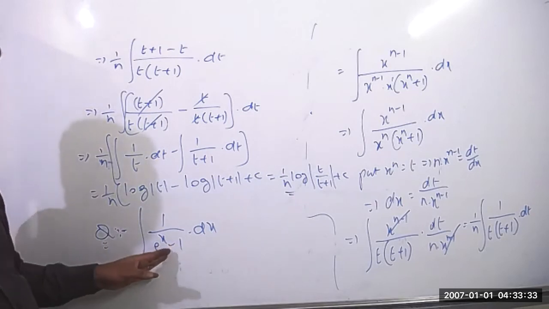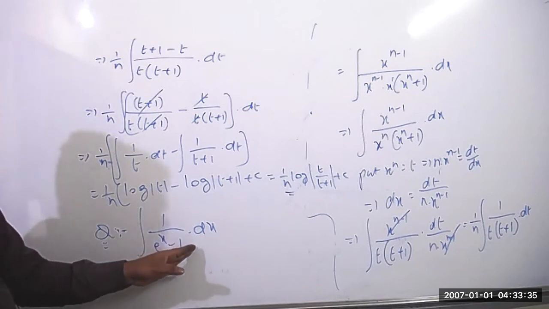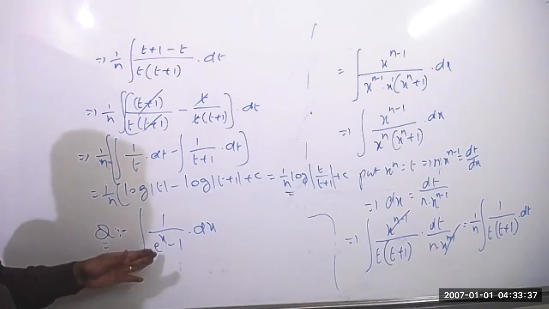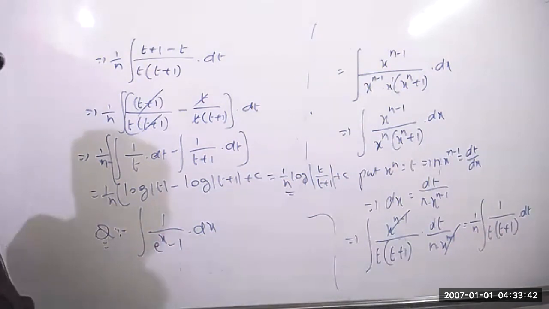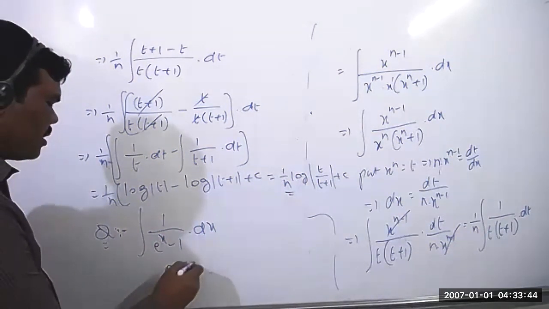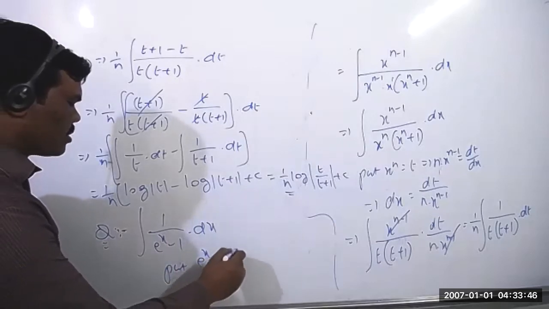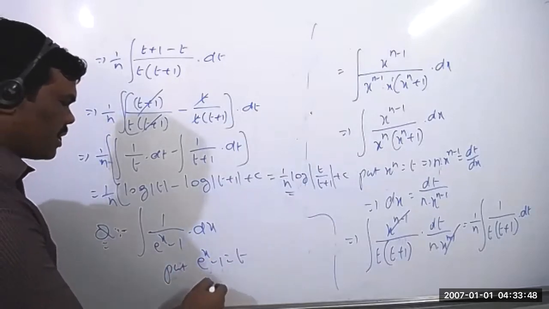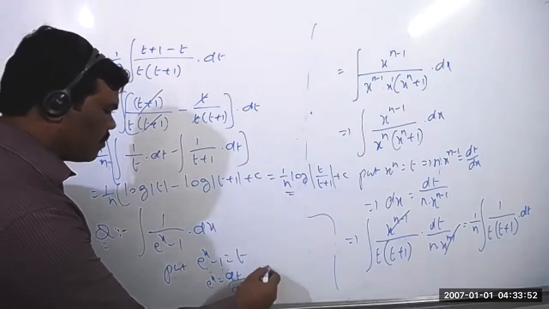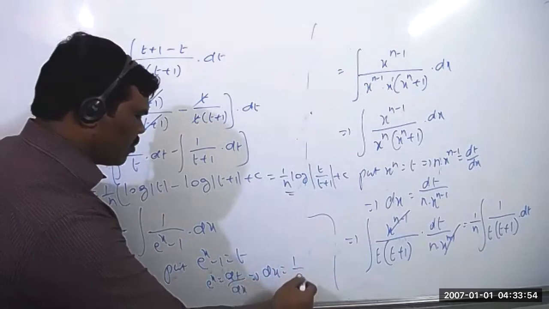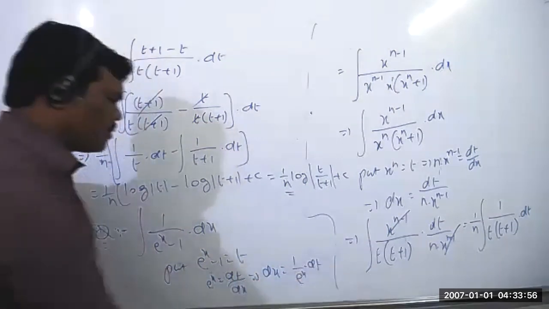Suppose we take e power x minus 1 equal to t, then easily we will get the value of e power x also, which is t plus 1. So put e power x minus 1 equal to some t. Differentiate: e power x equals dt by dx. The value of dx equals 1 by e power x into dt.